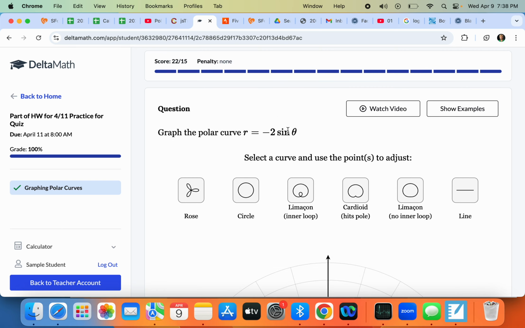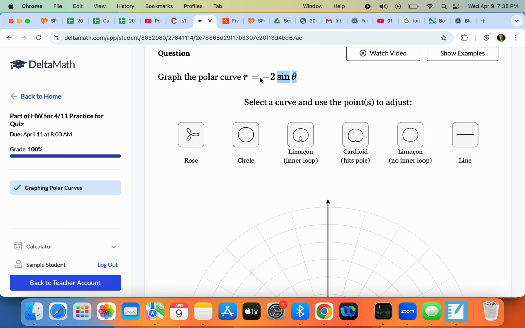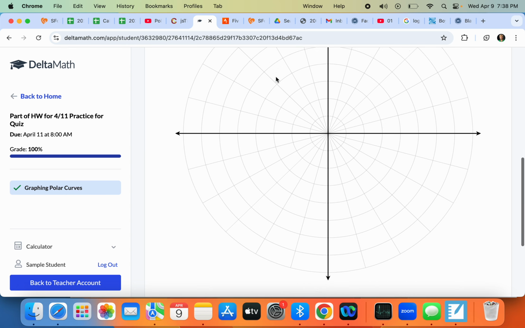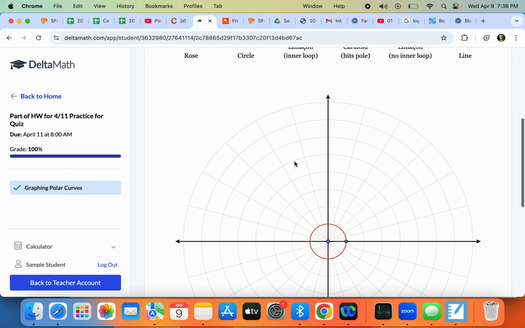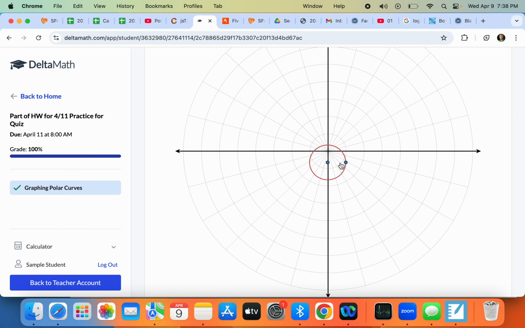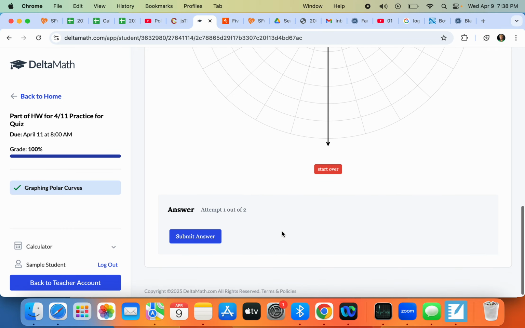That's a circle. Notice there's only one thing here, but it won't be a circle at the origin. It'll be a circle on the y-axis with a diameter of -2. So let's pick a circle. I'm going to move it down and get a diameter of -2. That's a little harder to do on these. Okay, so that should be it.